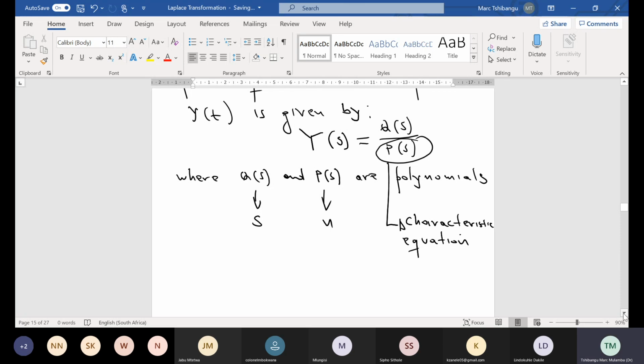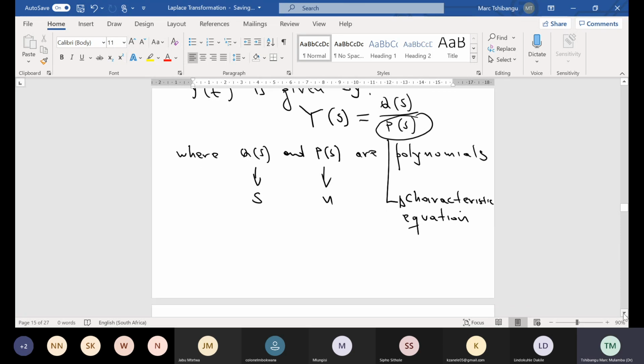So we've defined our function, which is in the S domain, as a ratio of two polynomials, such that one is of order m and the other of order n. How do we apply the inversion of Laplace to this function? Three steps are recommended.